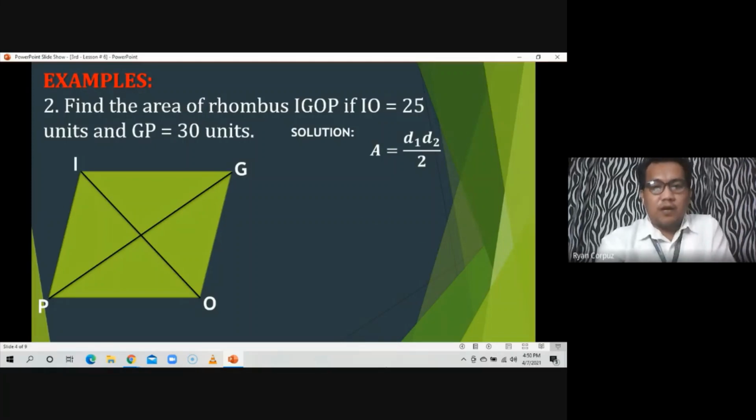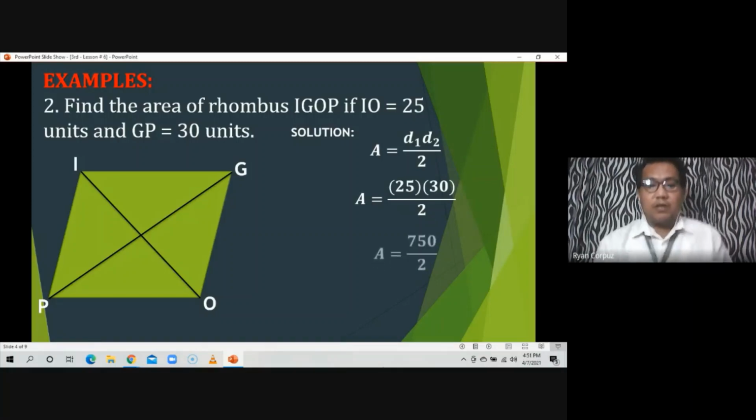Substitute natin, IO, that's diagonal, 25 units, then GP, that's 30 units. So, ang gagawin natin to simplify it, pwedeng pag-multiply natin yung dalawa, then divide natin by 2, or pwedeng isimplify na natin by using cancellation. Kasi 30 naman is exactly divisible by 2, pwede natin gawin yun.